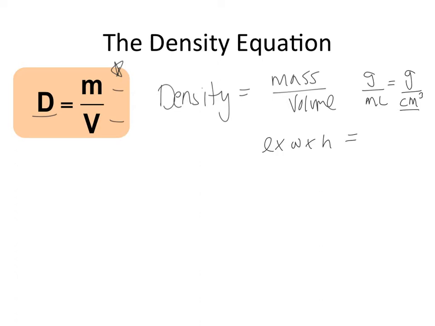Okay, and in this case, it's given us centimeters cubed. Now, 1 milliliter of, say, water is going to be the equivalent of 1 centimeter cubed of water. Okay, and it just works out very nicely like that. So you can see the units for density being either in grams per milliliter or grams per centimeter cubed.